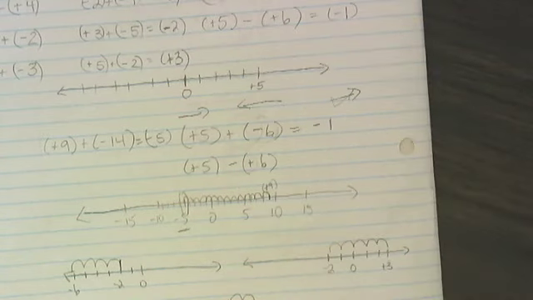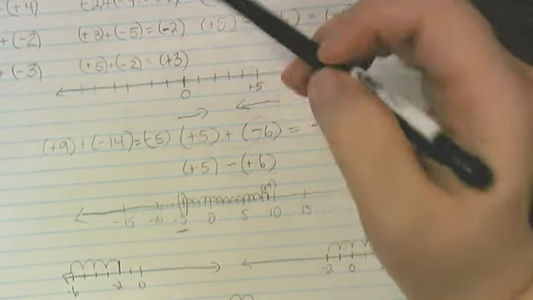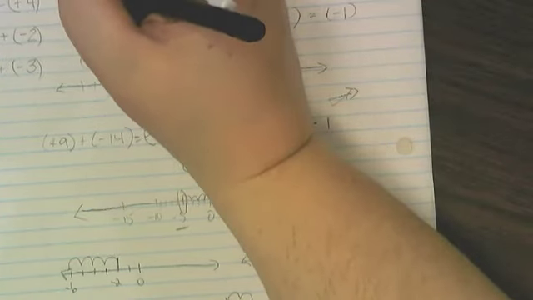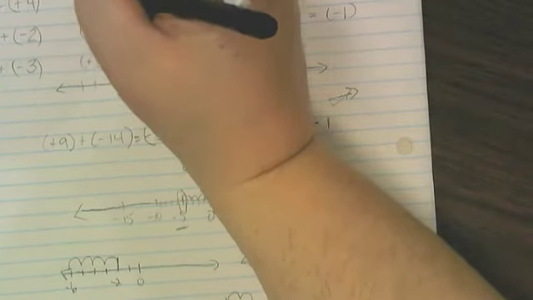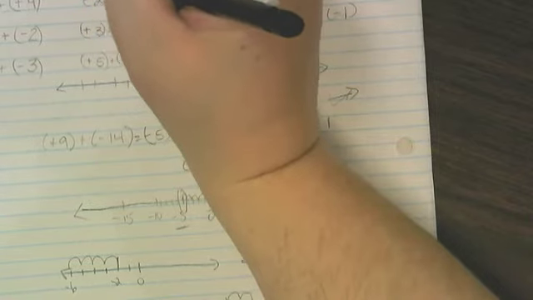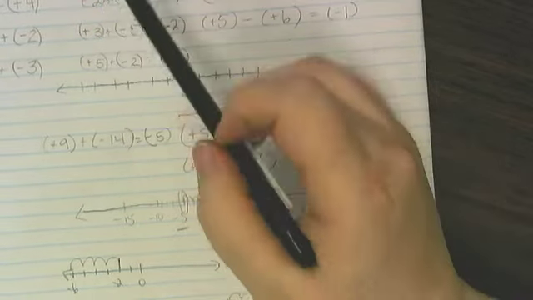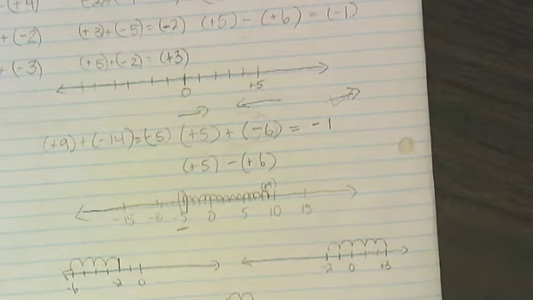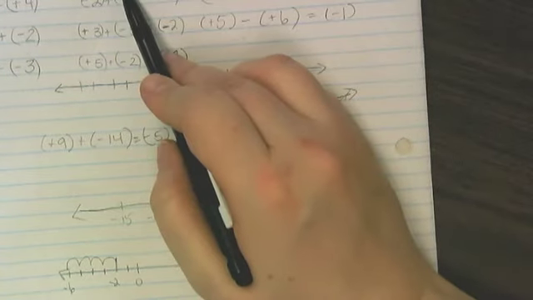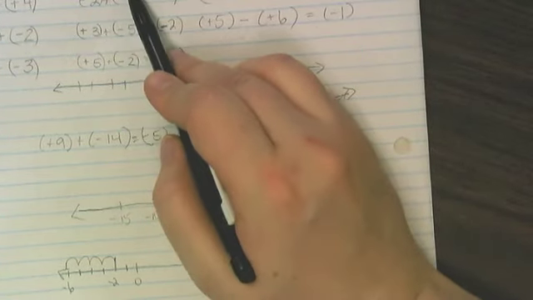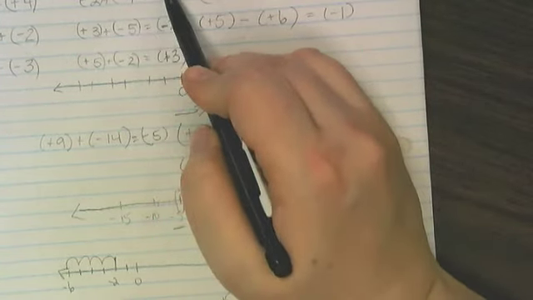So 2 and 4 is 6, so our answer is -6. It's the same thing if we're doing positive numbers. If this was +2 plus +4, is our answer going to be positive or negative? Positive. We have no negative numbers. They're both positive, which means we put them together and we get +6.